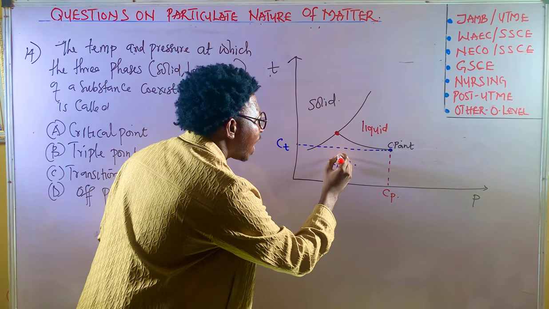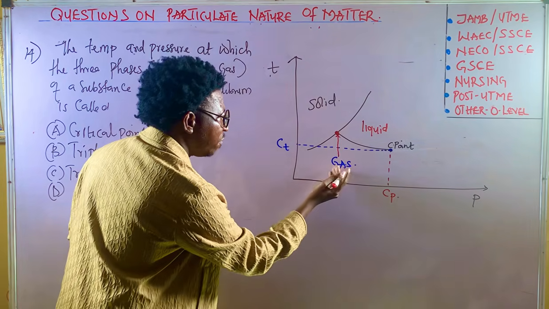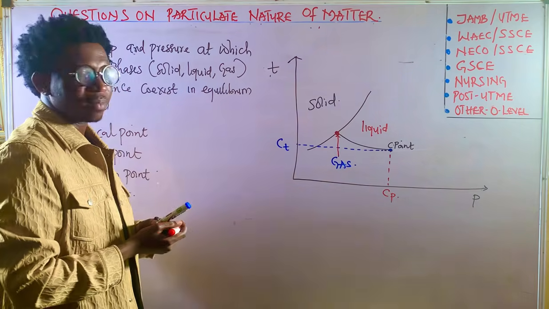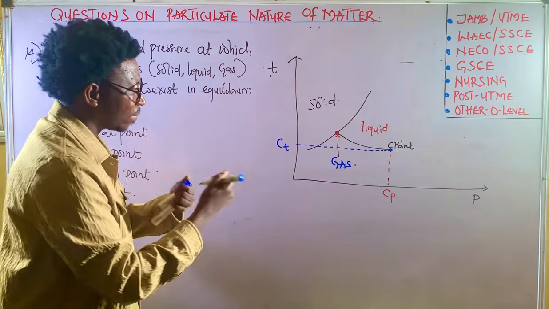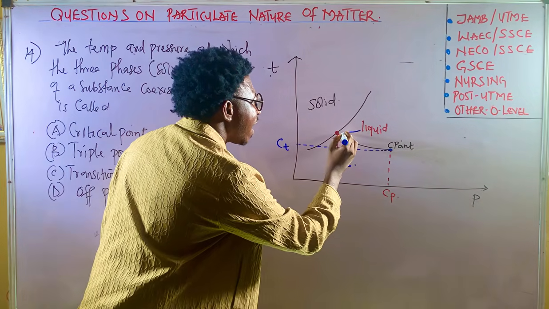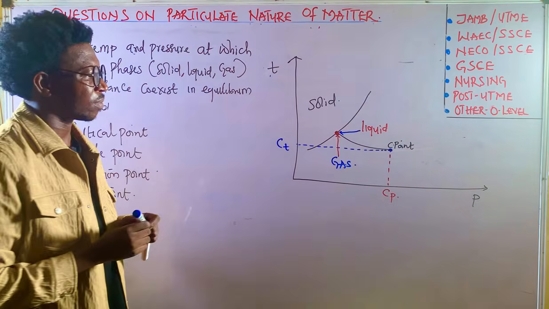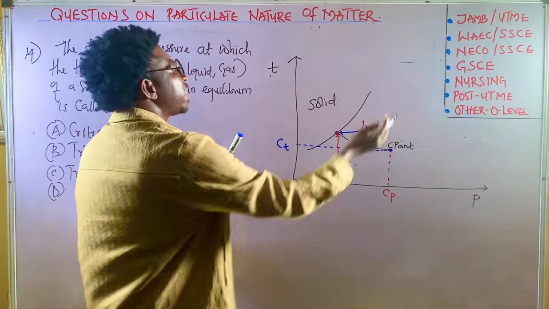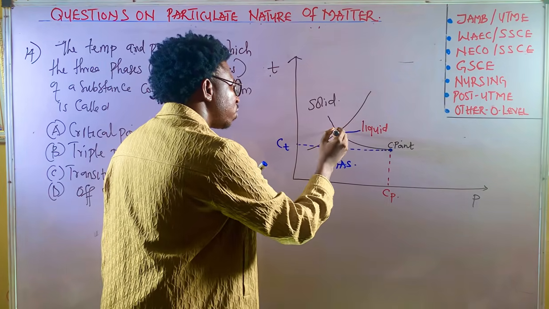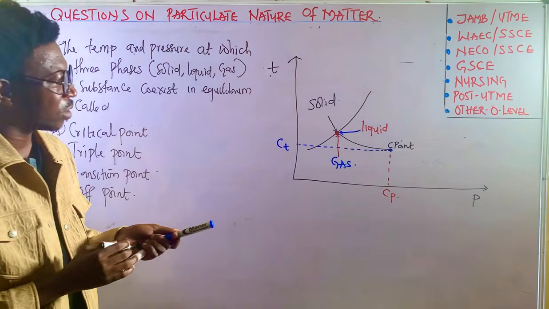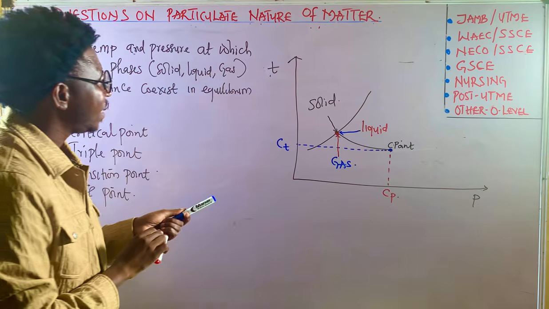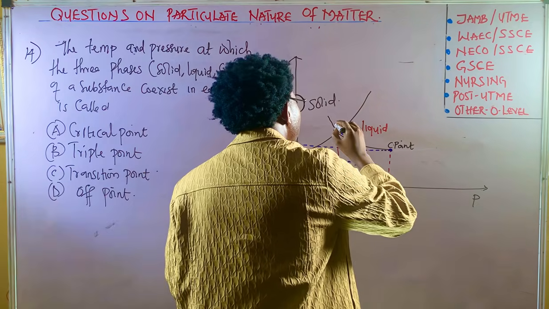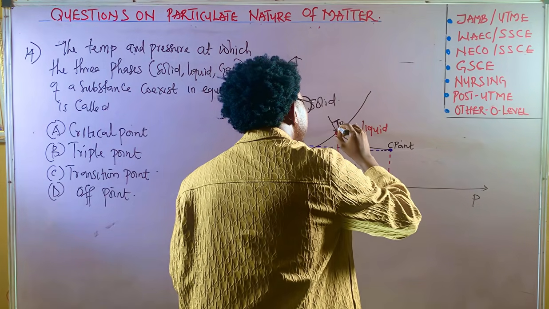Everything from here to this side is gas. Everything from here to this side is liquid. Everything from here to this point is solid. This is the triple point.